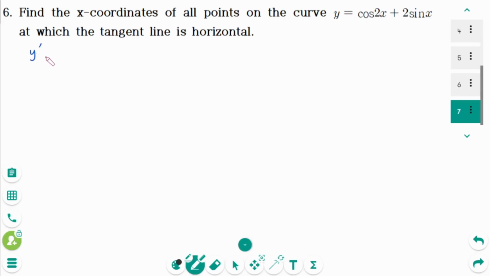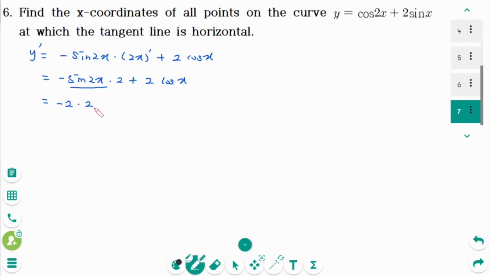Then y prime equals minus sine 2x times 2x prime plus 2 times cosine x, equals minus sine 2x times 2 plus 2 cosine x. Minus 2 sine 2x we can rewrite as minus 2 times 2 sine x times cosine x, plus 2 cosine x equals.